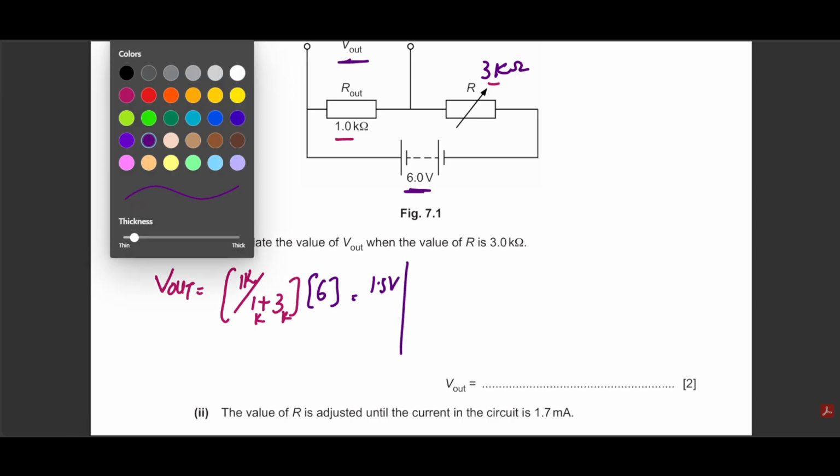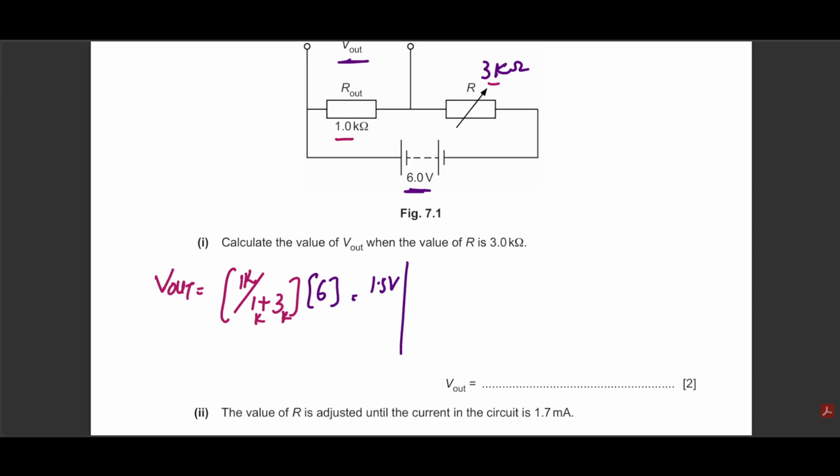If you're not comfortable with this method, what you can do is simply use that they're both in series. First, find the current. So this would be 6 equals I into 4,000 ohms, because they're in series: 1 plus 3 would become 4,000. So the current is going to come out as 6 divided by 4,000, which becomes 1.5 milliamperes.